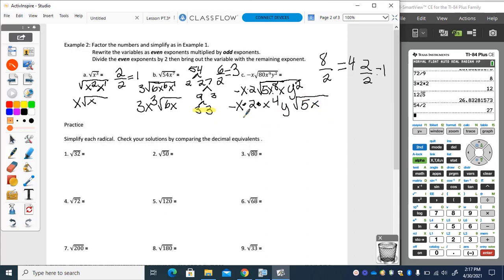Now we've got to simplify that outside. We have a negative times a 2, so that's a negative 2. X times x to the 4th, so that would be x to the 5th. Y times the square root of 5x. So negative 2 x to the 5th y times the square root of 5x.